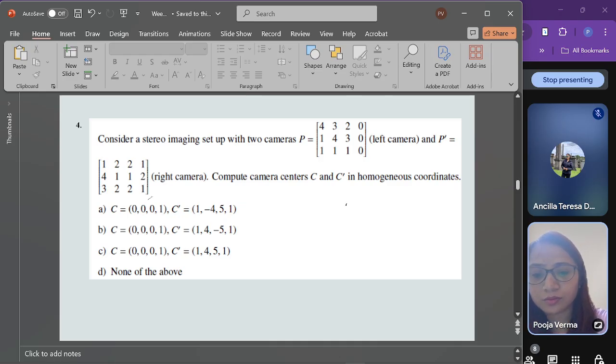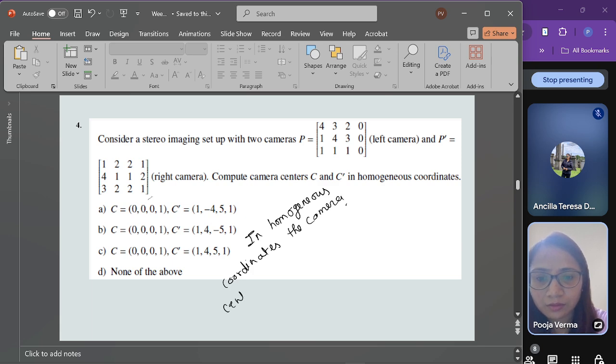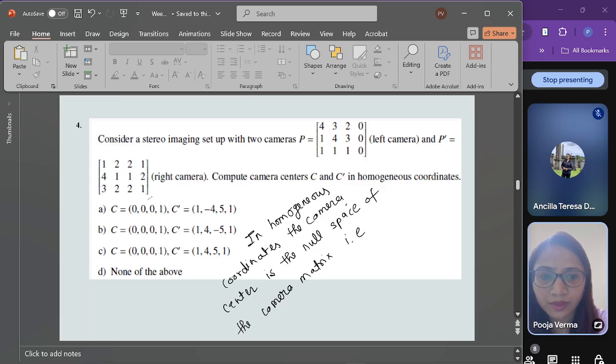Okay, so we can write it in homogeneous coordinates. The camera center is the null space of the camera matrix, that is PC is equal to 0.